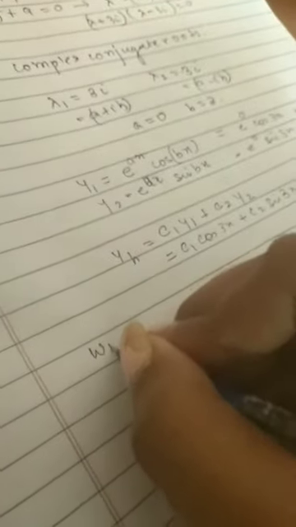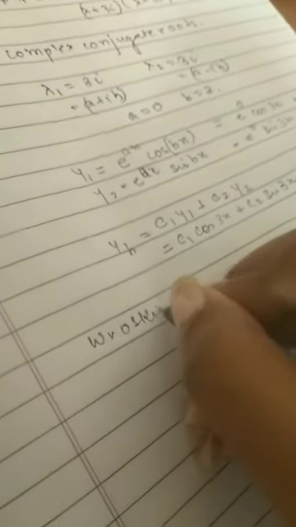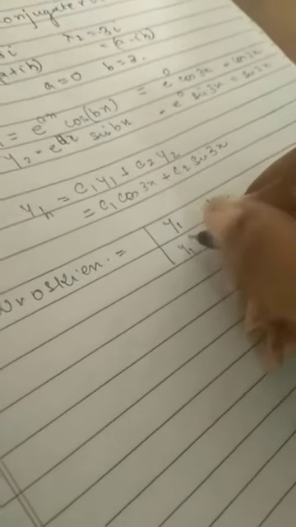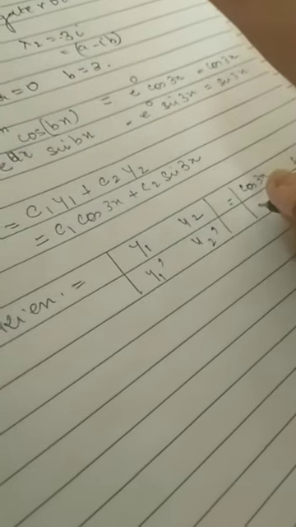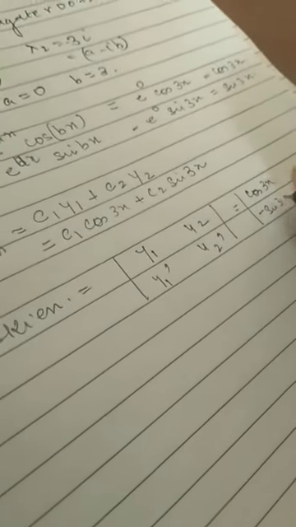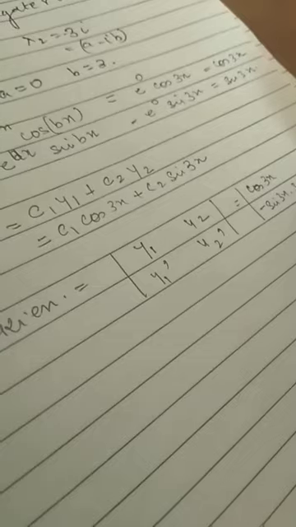Now for finding yp, we will be finding the Wronskian, which is the determinant of y1, y2, and the derivatives of y1 and y2. So this is cos 3x, sin 3x, minus sin 3x times 3, plus cos 3x times 3.